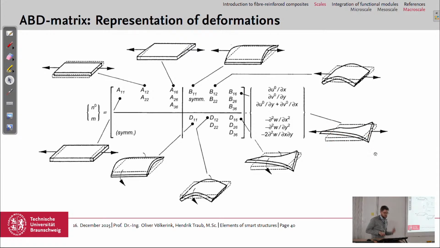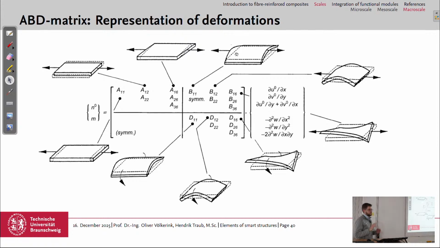But why do I have the slide here? If we apply surface actuators, functional modules on laminate, and we have a laminate with a B matrix, so coupling effects, then we could use the transverse actuation, the in-plane actuation of the actuator to, for example, get to a bending of the laminate.